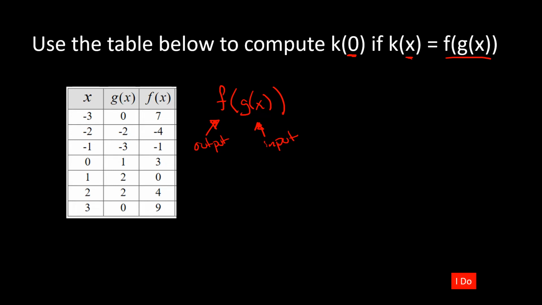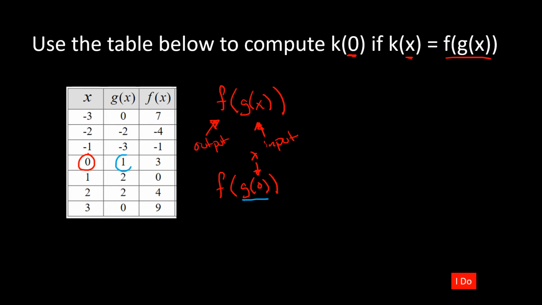So check this out. I'm going to say f of g of 0. So when our x value here is 0, I'm going to start this in red. X is 0. What is g of 0?